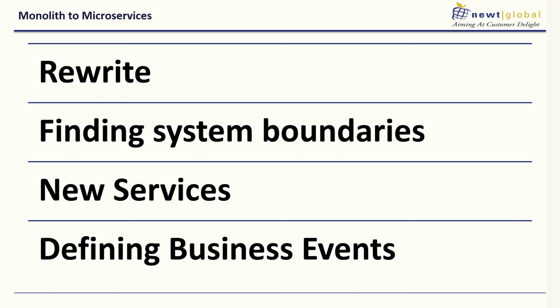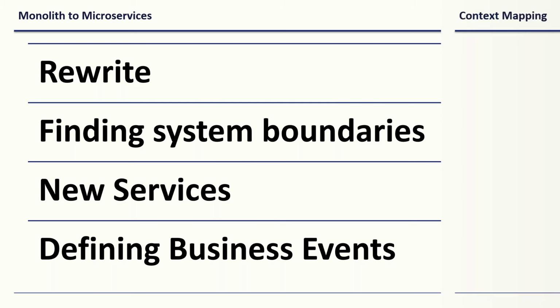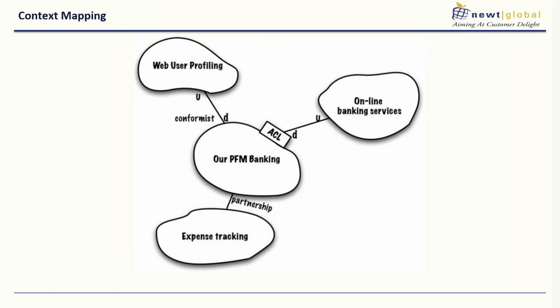Now, typically, what you need to do is understand your system boundaries. What are the new services that you're planning to write? You need to do a lot of work around defining business events that help you create business domains, because at the end of the day, microservices follow what is called domain-driven design. Okay. So typically, we will do something like a context mapping, and then you'll have relationships between the various services.